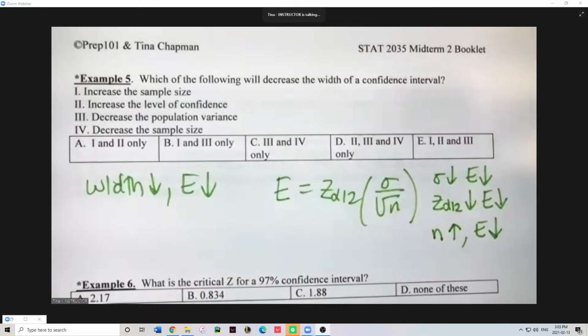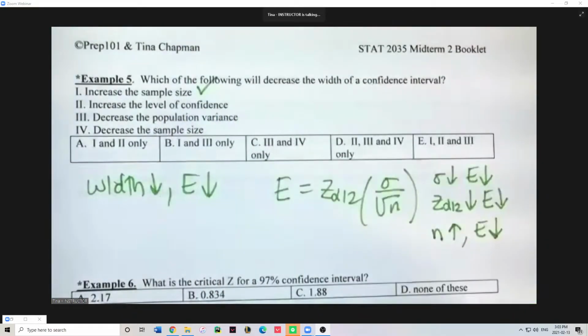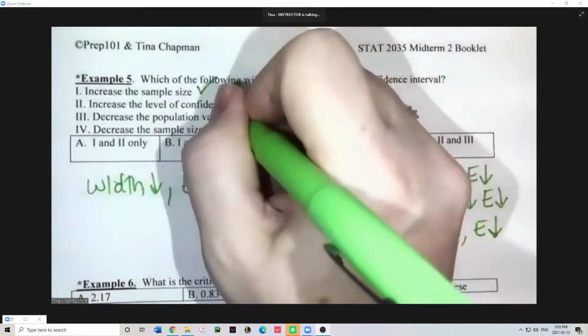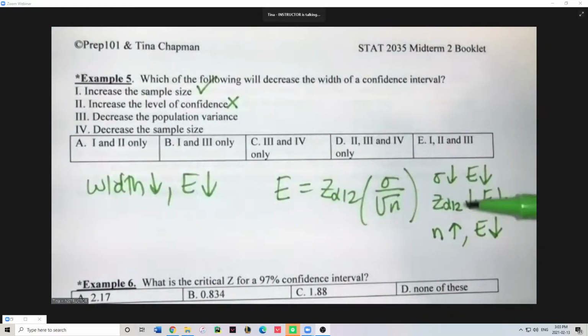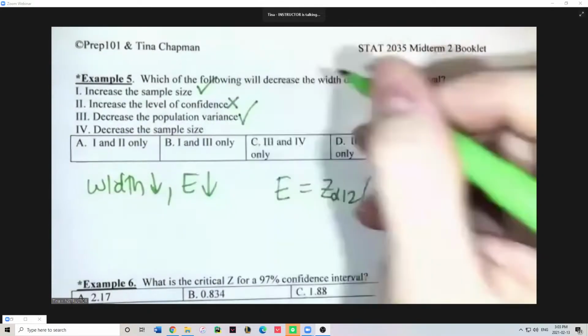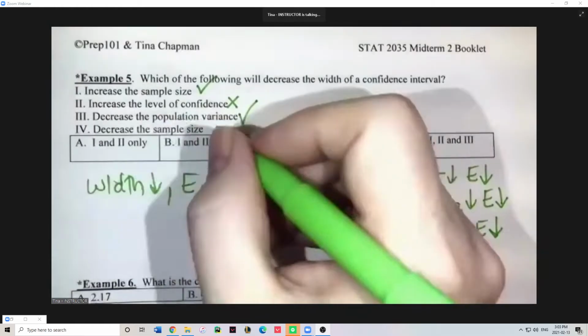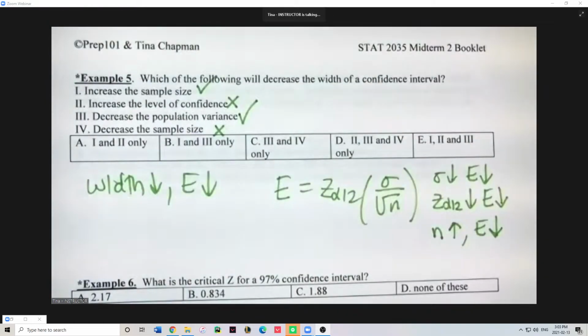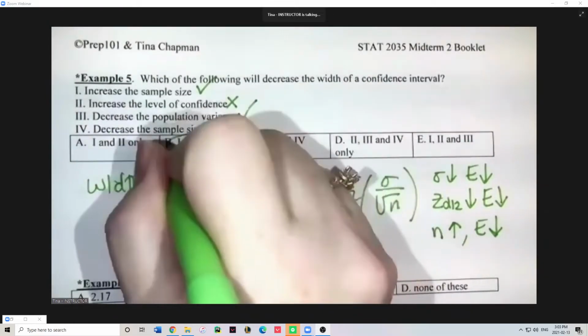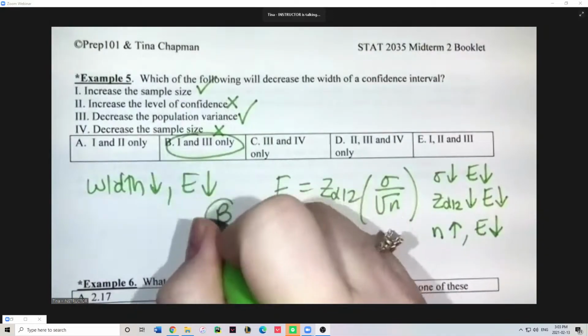So increase the sample size, that's true. Increase the level of confidence, that's not true. That's opposite. We would decrease the level of confidence to get a lower width. And decrease the population variance or the population standard deviation, that's true. And that's false because we already said increasing was true. So it'd be 1 and 3. So B.